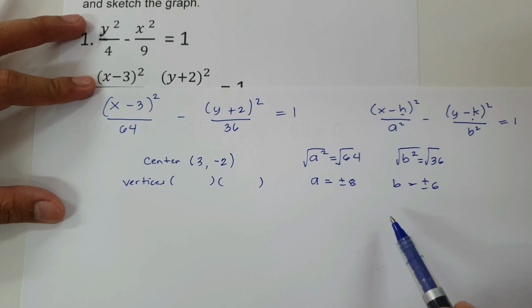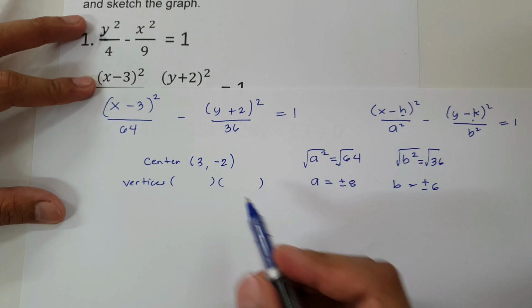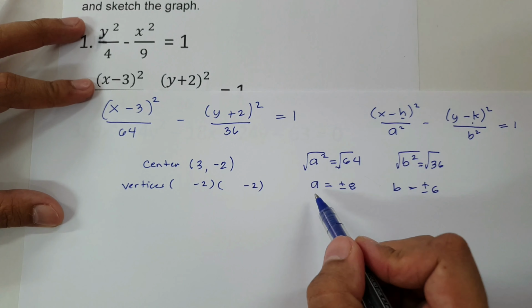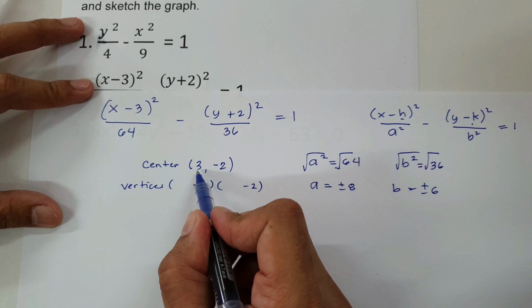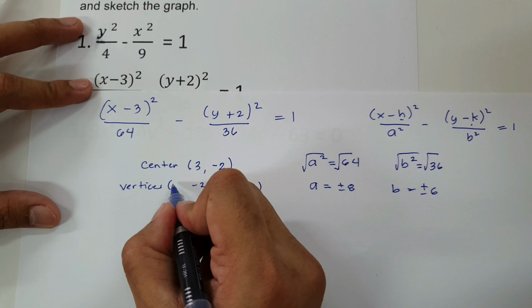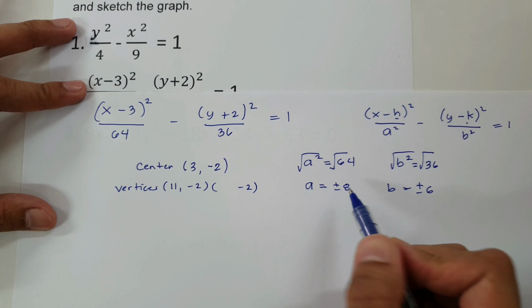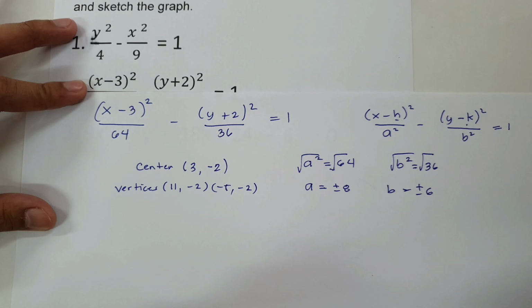Since the opening is to the right and to the left, we simply copy the value of k, that is negative 2, and add the value of a to the value of h. So 3 plus 8 is 11, and 3 plus negative 8 gives us negative 5.